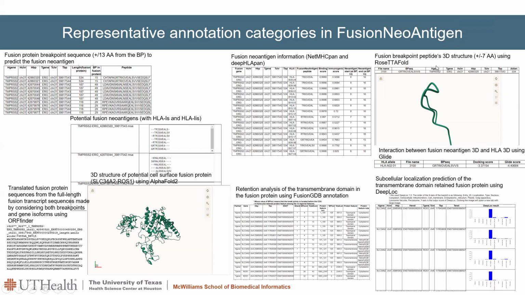This is the structure of the short peptide of the fusion breakpoint area, and this is the binding score between HLA molecule and the neoantigen. This is the result of domain retention investigation of the cell surface fusion protein, and this table shows a subcellular localization prediction using another tool.